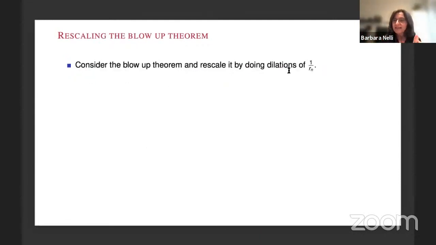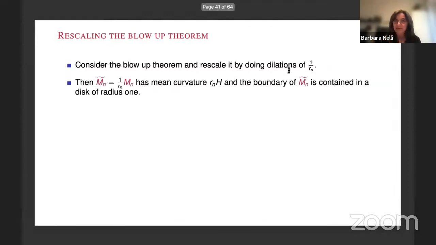Now, why does this theorem help for the Ros-Rosenberg theorem? This is because you can consider the blow up and rescale it by doing a dilation of ratio 1/Rn, the radius that shrinks the boundary.